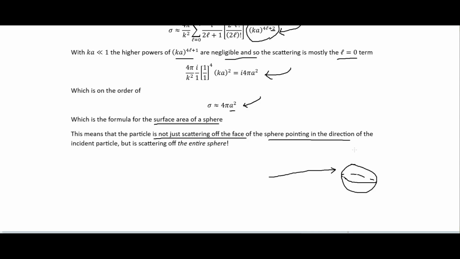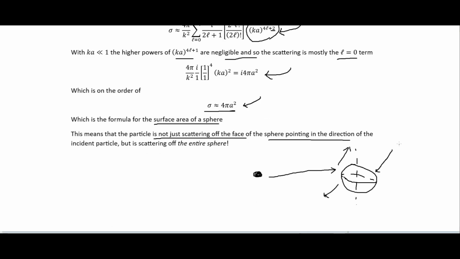And so you would think that we could cut this in half, and only the parts facing where we are firing our particles from is actually going to affect how they bounce off of this thing and which way they scatter. But what we find is that the total scattering surface here is equal to the entire surface of this sphere. And so the back of the sphere actually has to be included in our considerations for how the scattering is going to occur.